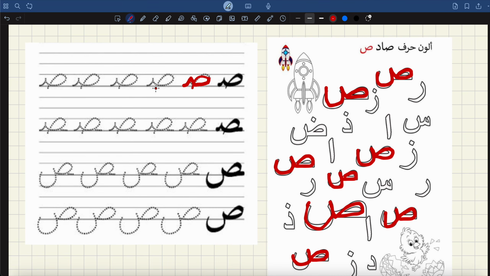Again from here, like this. This is in the beginning of a word.